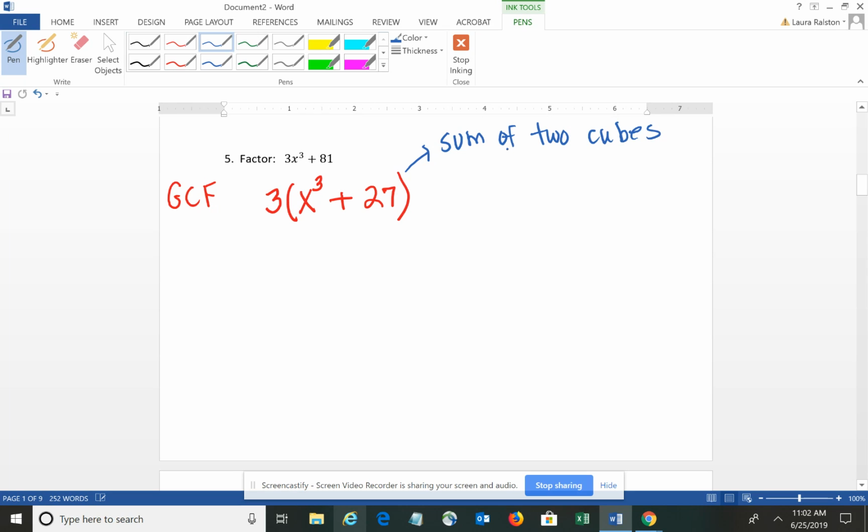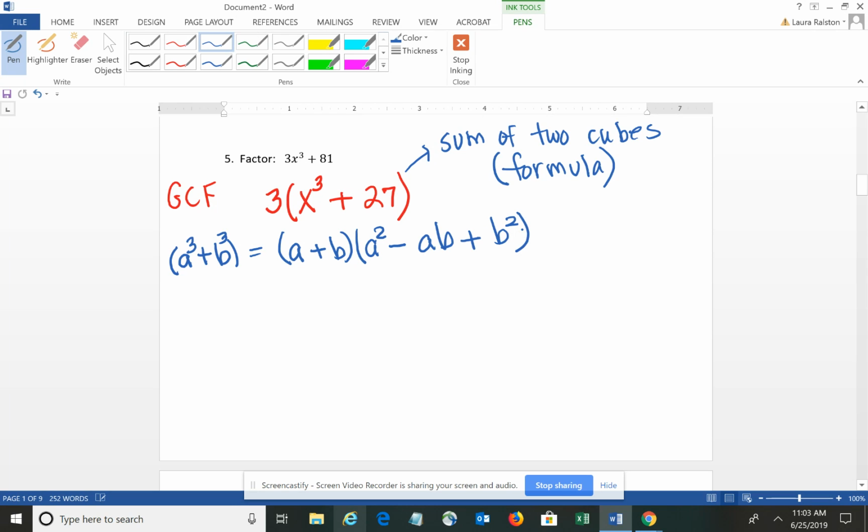And if you will, the formula for factoring the sum of two cubes was given to you at the beginning of the exam. So if you want to look back, it's a cubed plus b cubed factors as a plus b, a squared minus ab plus b squared. Every time, all the time, that's how you factor the sum of two cubes.